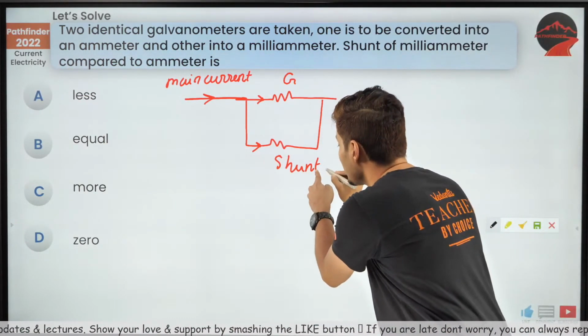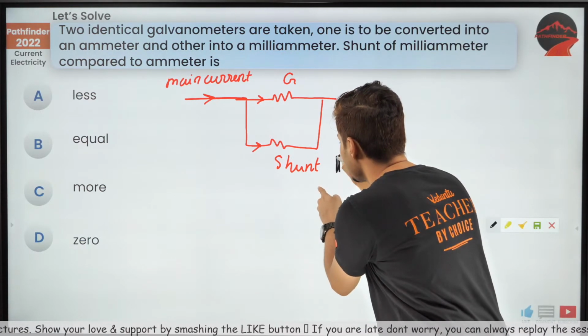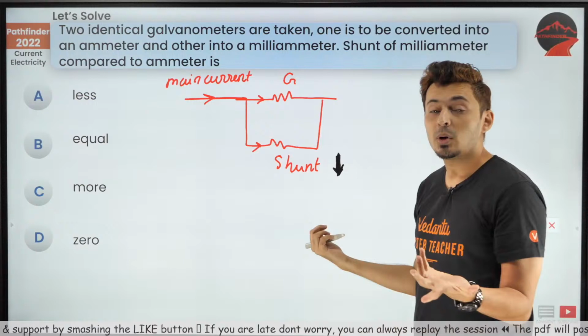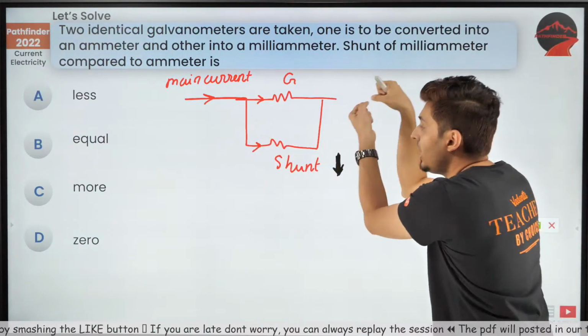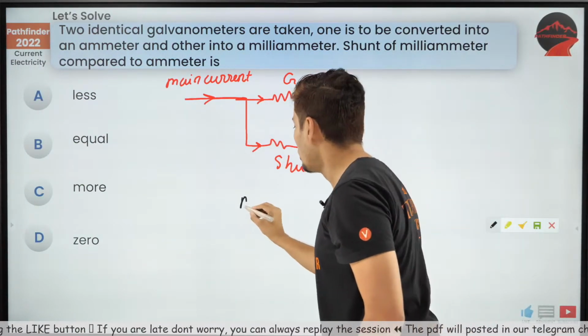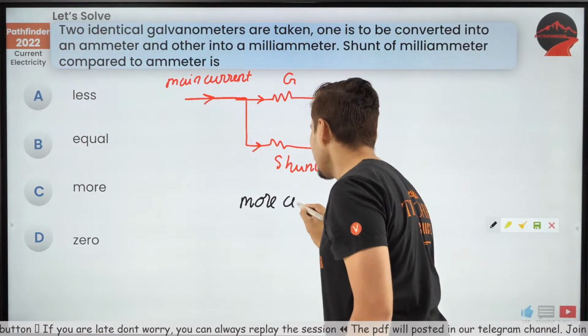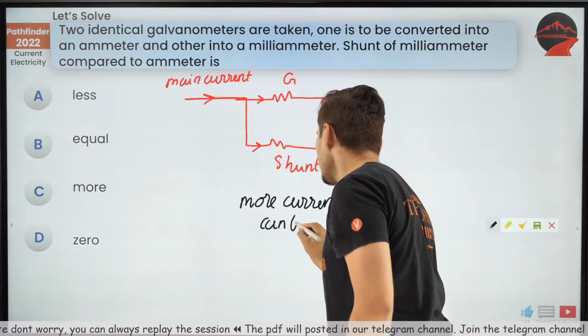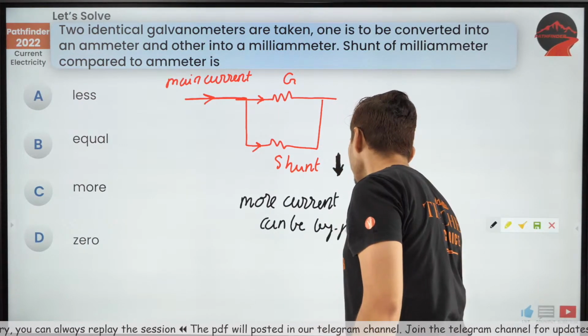If the shunt resistance is less, more current can be bypassed.